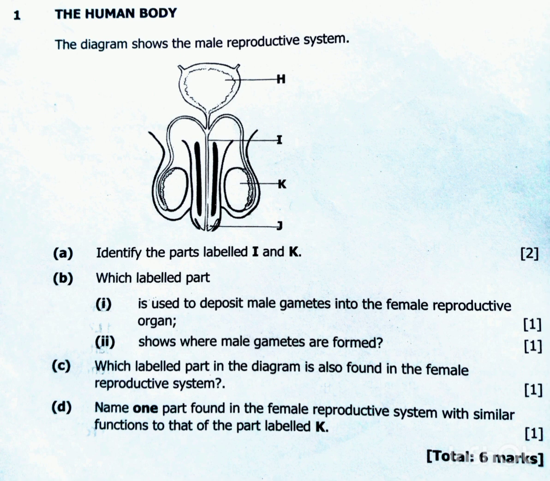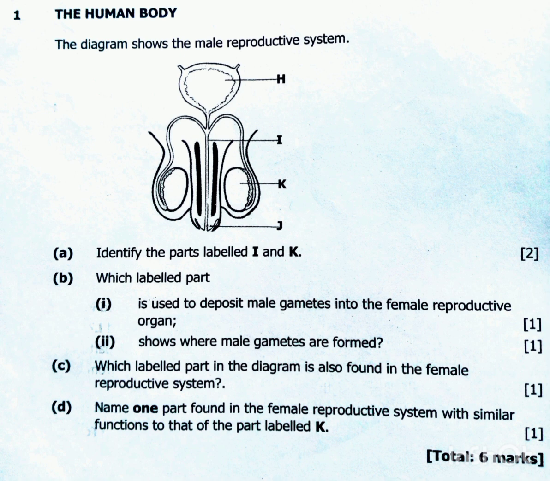The ovary produces female gametes, or female sex cells, and it also secretes hormones such as estrogen and progesterone.